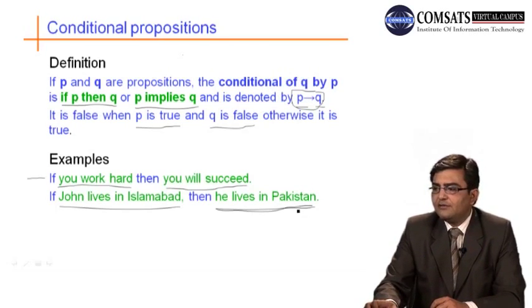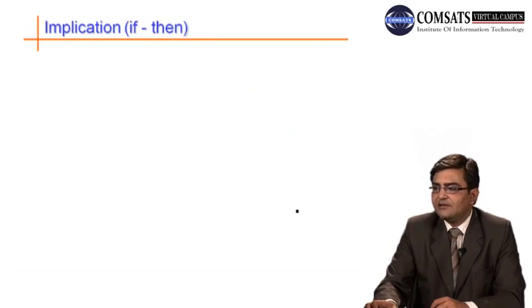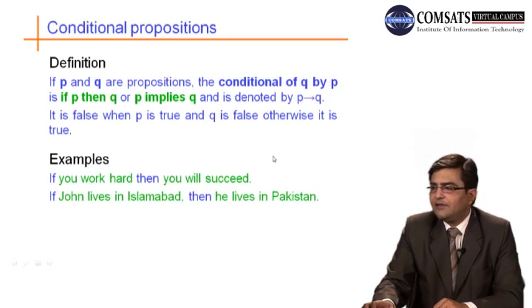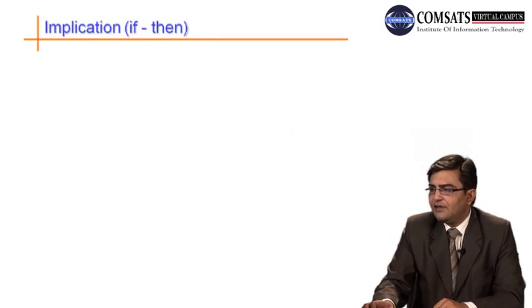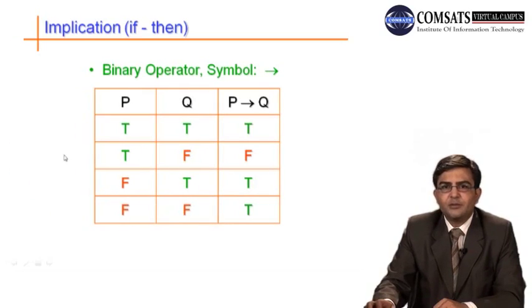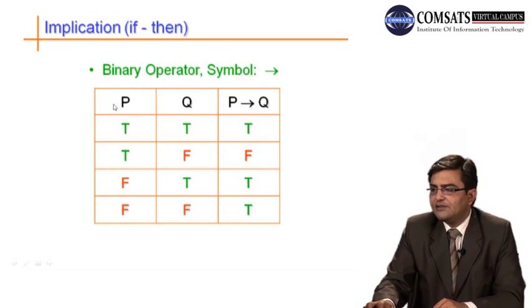The truth table of the conditional proposition if then is this. If we have two propositions P and Q, then the possibilities of the truth values of P and Q are true, true, false, false, and true, false, true, false.